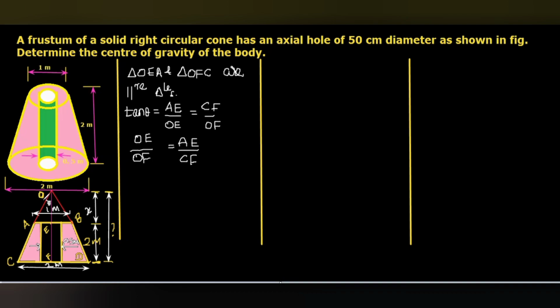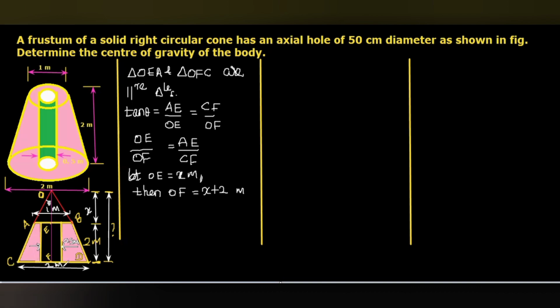Let OE, the unknown, be x meter. Then OF will be x plus 2 meters. And AE: we know that AB is 1 meter, so AE will be 0.5.